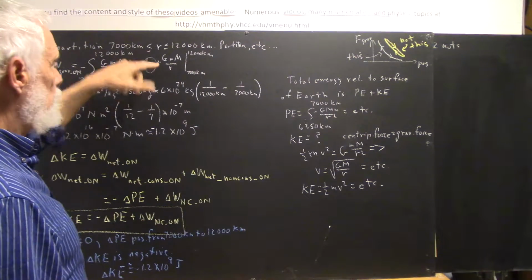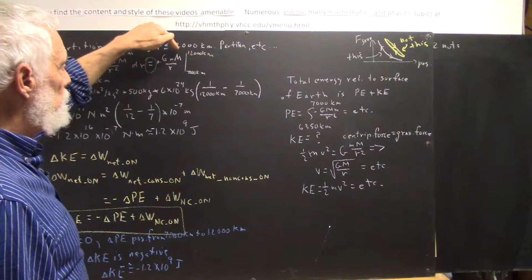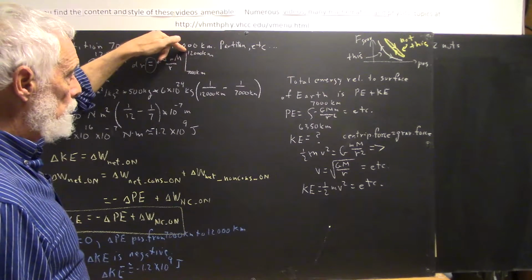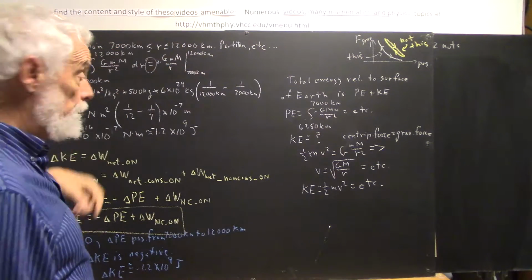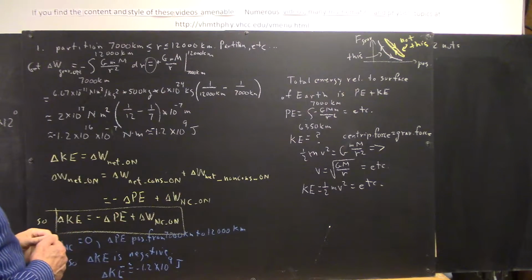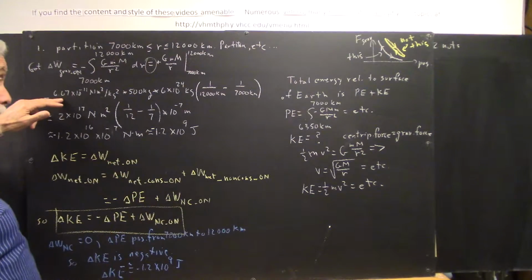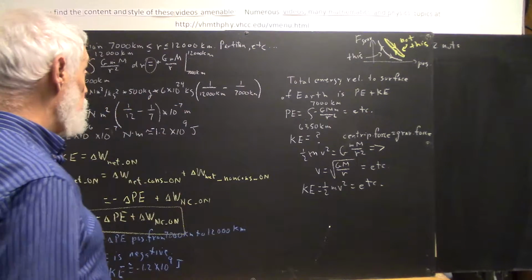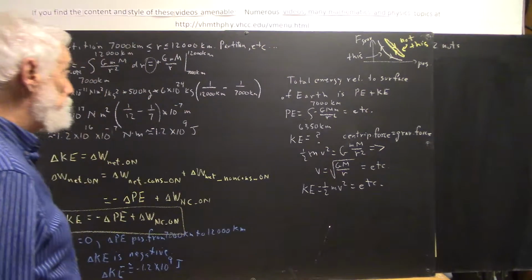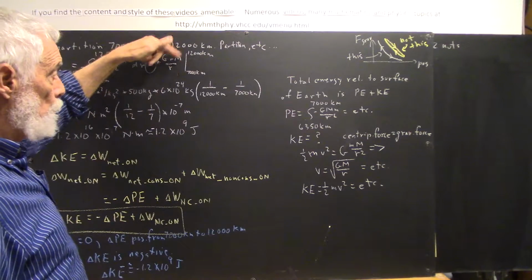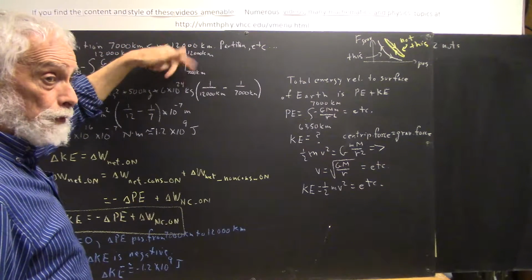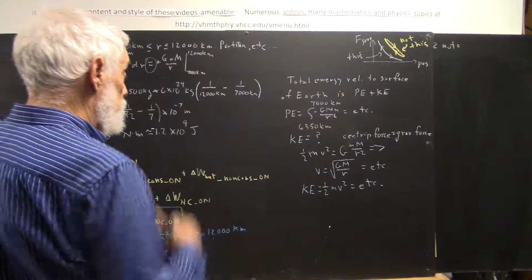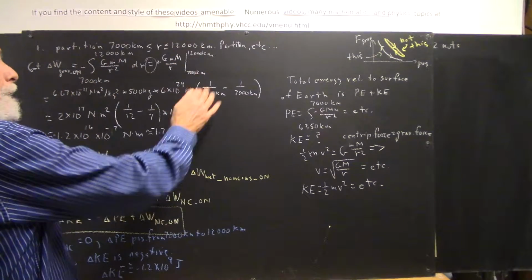And that integral turns out to be big G, little m, big M over r evaluated between the 7,000 and 12,000 kilometer positions. Now, plugging in big G, little m, and big M being the mass of the Earth, we are left with just the 1 over r, which we evaluate between the limits, and we get this.